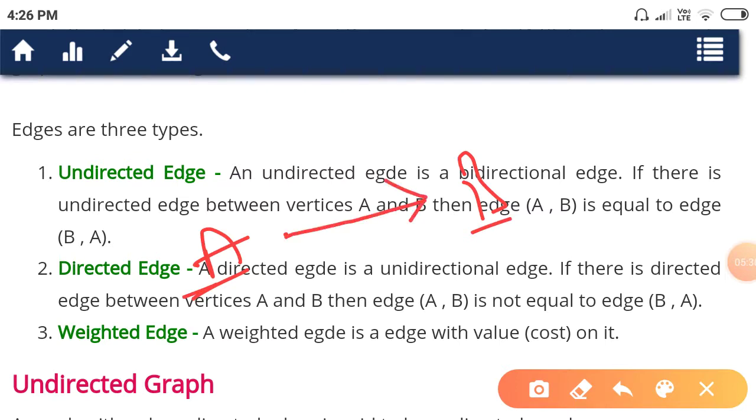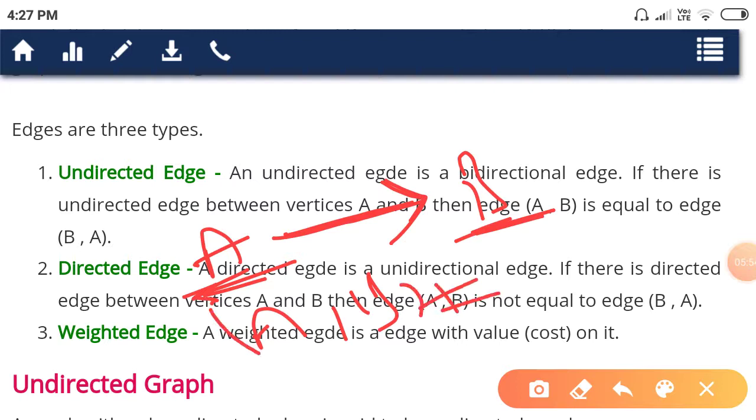Here this is an edge, showing an arrow like this. It means there is a one-way connection from a to b, only one way, not two ways. So this is a directed edge. Here a comma b is not equal to b comma a. So this is a directional edge.